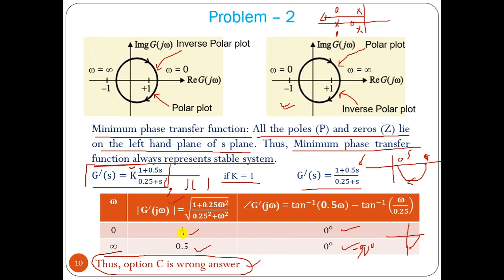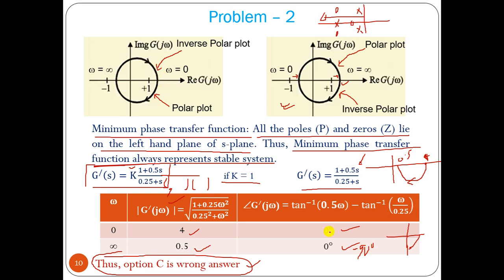But here what we are getting, 4 greater than 1, 0.5 less than 1, that part we are getting, but the angle, here it is from minus 180 to 0.